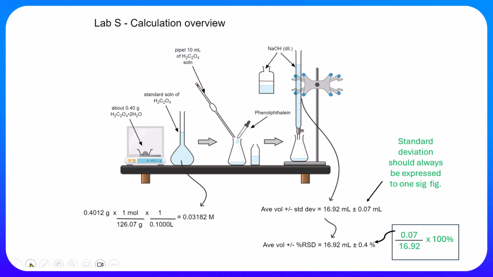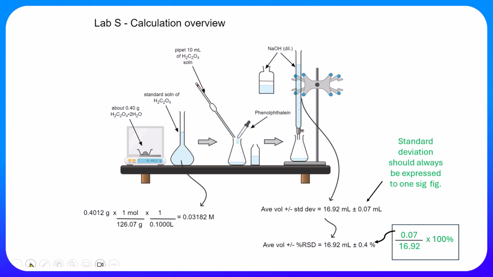So do not feel like, oh, now I need to cut off the average volume to 16.9, as in for instance, for my case. So again, the decimal place in the relative standard deviation does not impact the decimal place of the average volume, or the average, whatever you're measuring.